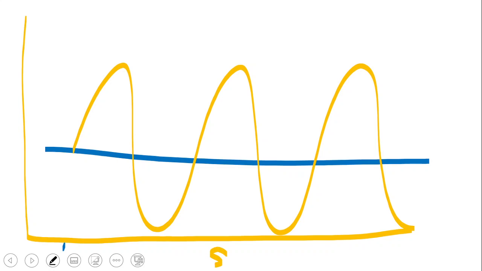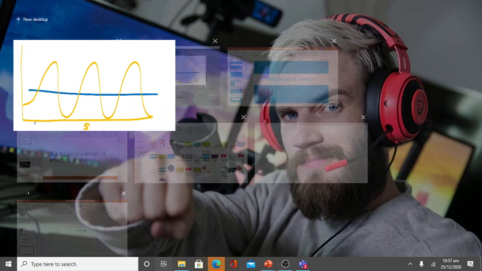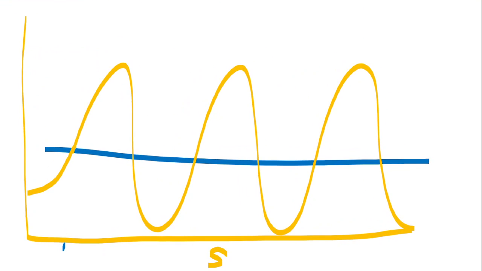So over here, we have seconds, and over here, let's just say we have amplitude, so that is in meters. And I'm going to talk about what exactly amplitude is too. So initially the wave starts at this point and then it propagates further. Frequency is the number of waves that can be generated per second.